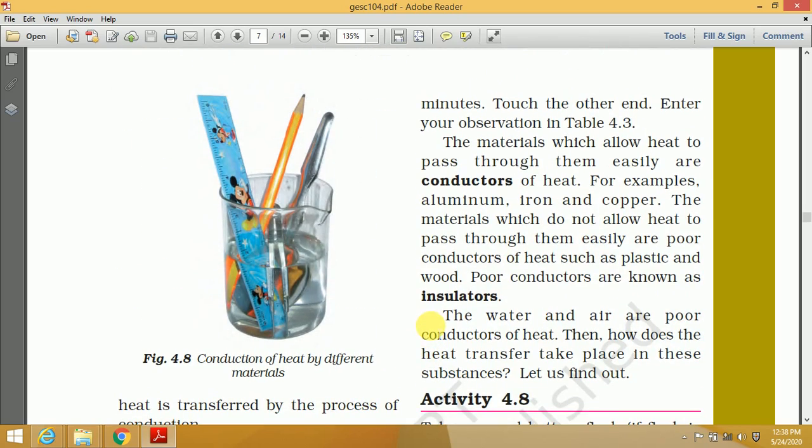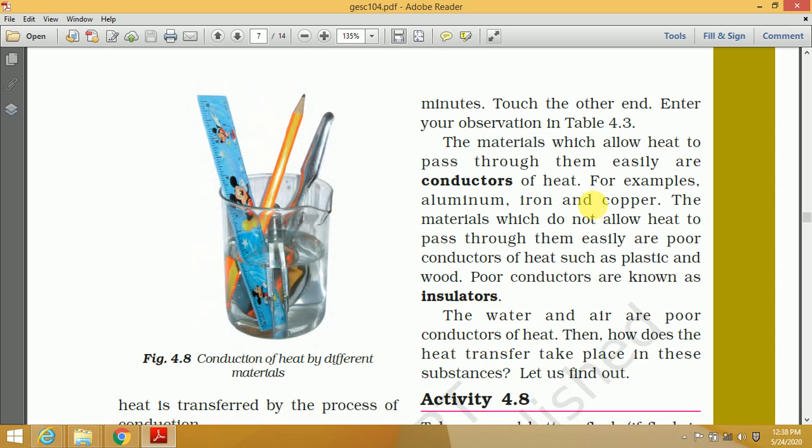So depending upon this discussion, we can divide the materials into two categories. One are conductors and other are insulators. So what are conductors? The materials which allow heat to pass through them easily are conductors of heat. So the materials through which heat can easily flow, those are called conductors, and examples are aluminium, iron, copper.